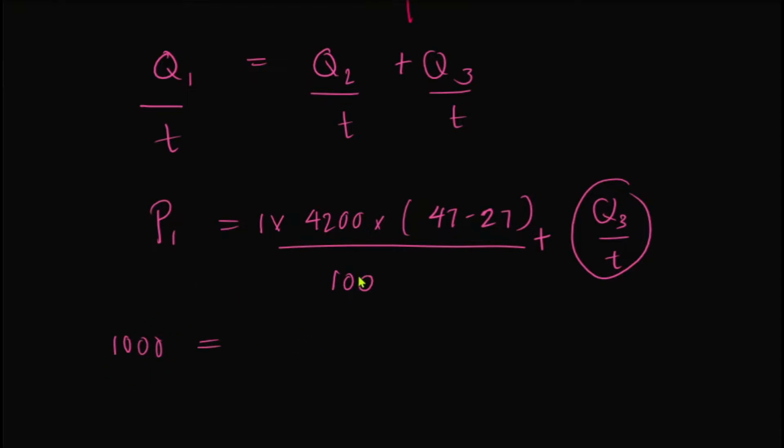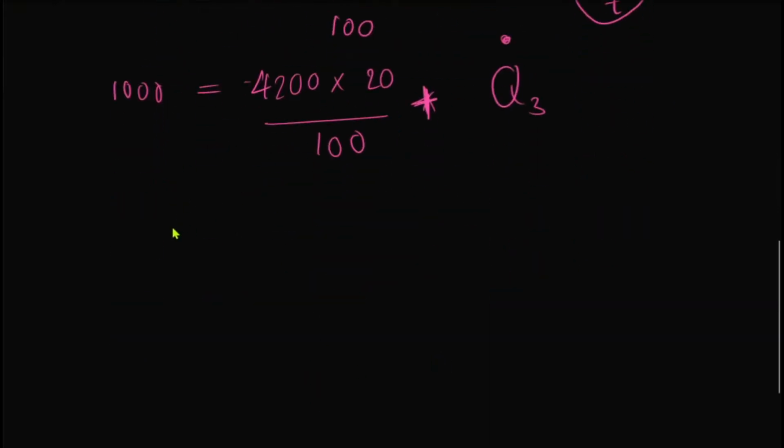So we have to simplify this: 4200 into 20 over 100, right? So 1000 equals this plus Q3 dot, the rate of heat loss. So you have to subtract and simplify it, and in that case you are going to get an answer closer.